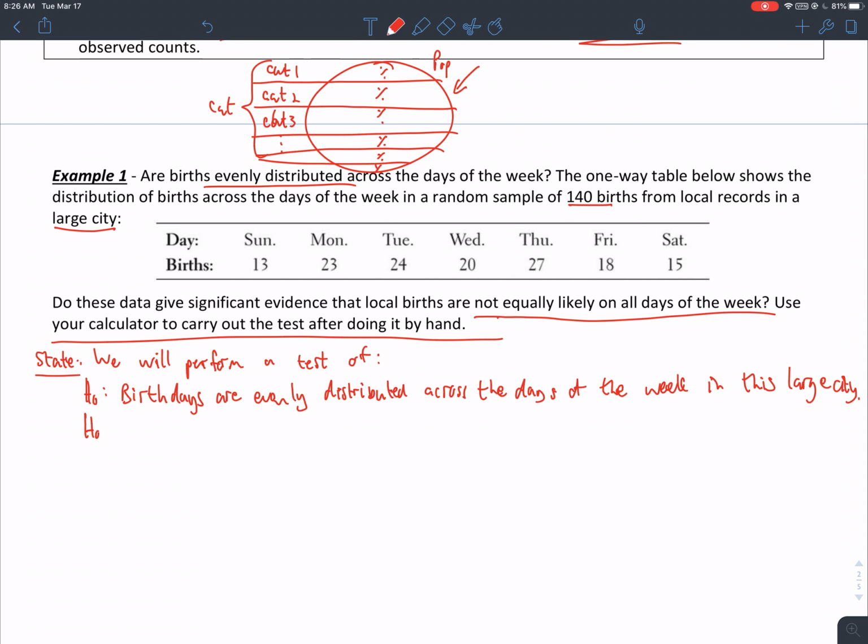Okay, and the alternative hypothesis is birthdays are not evenly distributed across the days of the week in this large city.